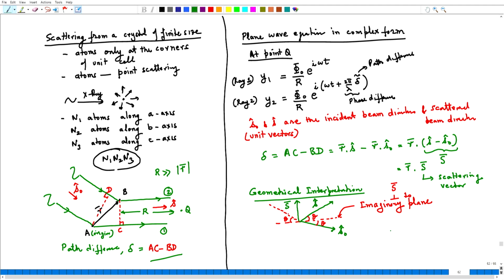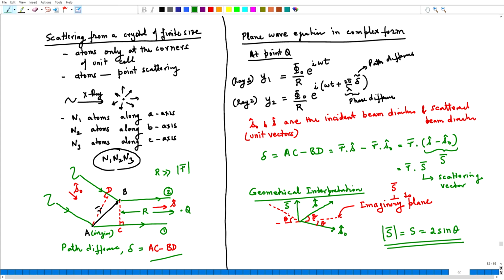Now, from this diagram I can also write the following: the magnitude of the scattering vector S, since S naught cap and S cap are unit vectors, would be 2 sin theta. We will take note of this and come back to this at a later stage.